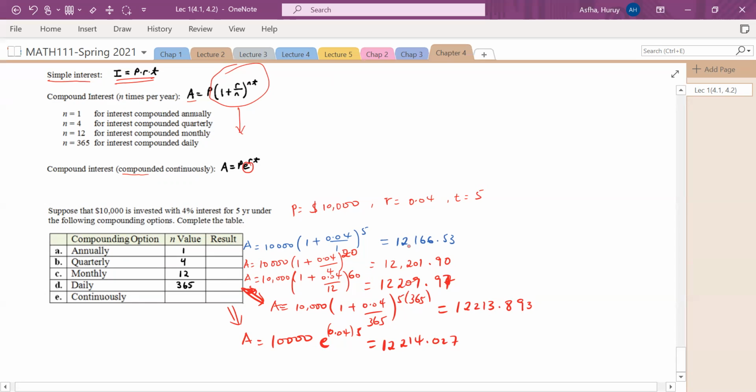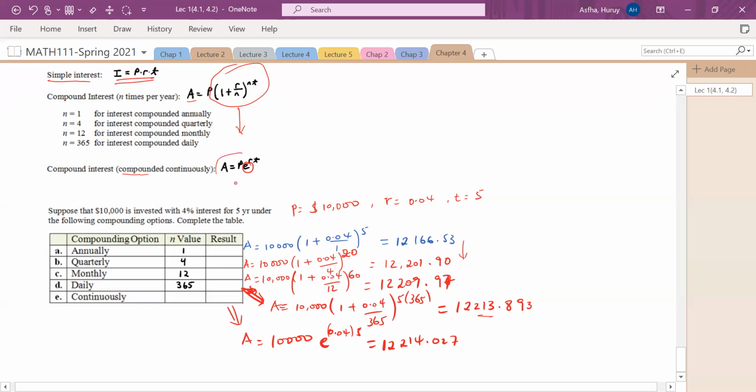So here we start with this number, 12,166, and here it became 12,201, and as you can see, it's increasing. Here 209, then here 213, and here 214. So as the compounding frequency increases, the interest increases, of course, right?